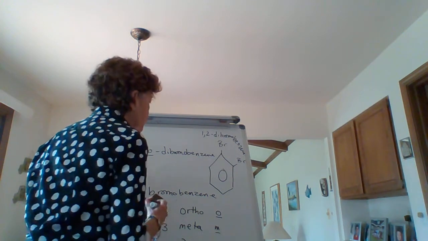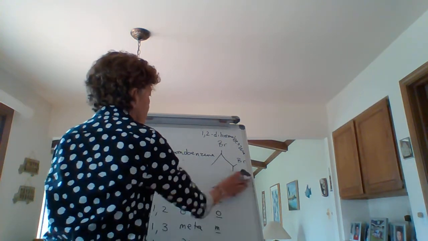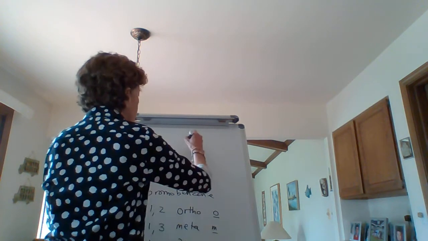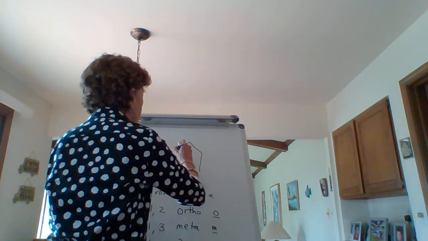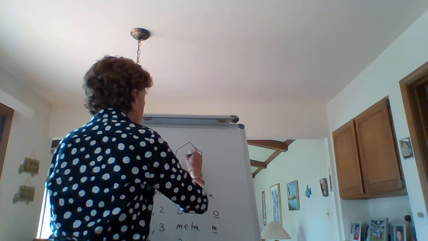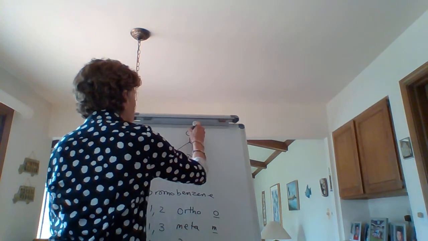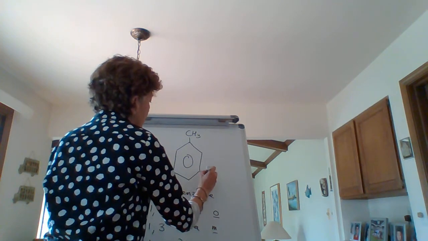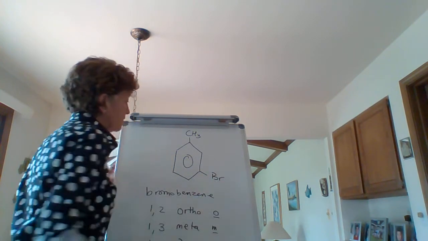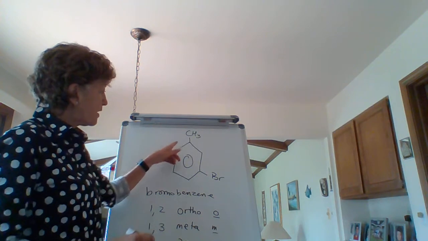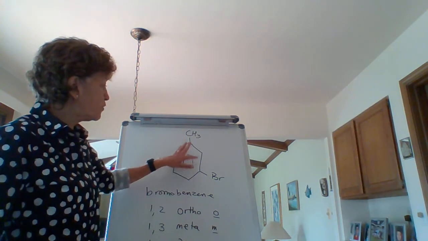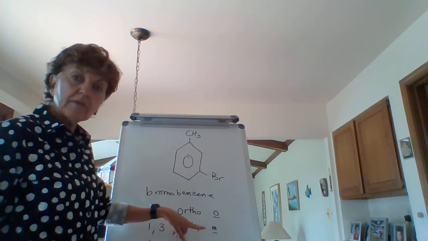What if you have something like this? Let's say I have a toluene and I put a bromine over here. Can you see that the toluene, this would be 1, 2, 3. So 1, 3 is meta.